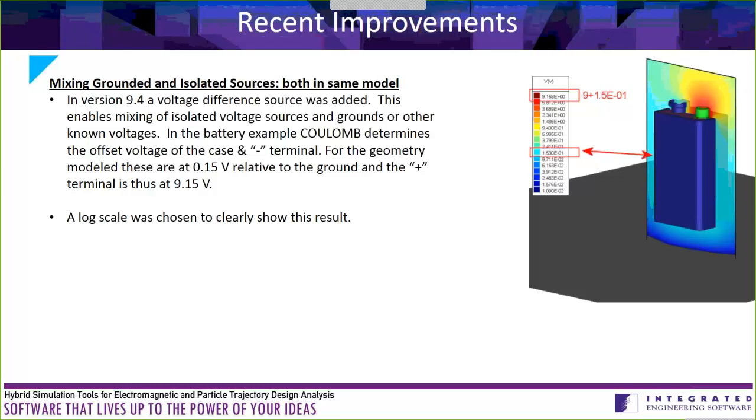We can put our battery close to a ground source, and the program will solve for you what the voltage is on the battery, and you'll see it's not 0 and 9. It's a little bit above 0 and a little bit above 9 by the same amount. And to show this most clearly, I put on a log scale here. Otherwise, this is close enough to 0, it would just be looking blue at the bottom.